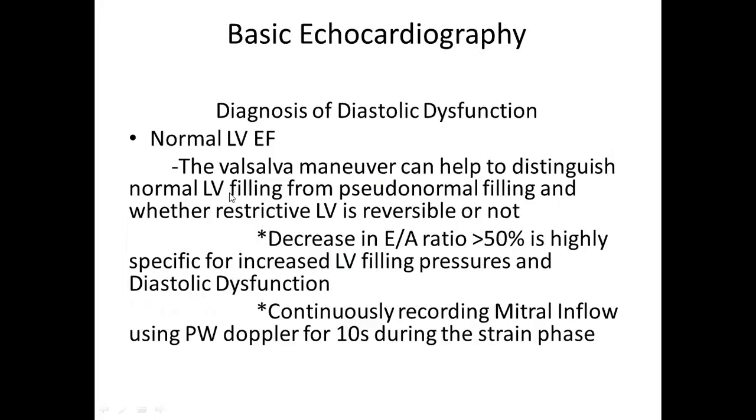All right. As mentioned before, the Valsalva maneuver can help to distinguish normal LV filling from pseudo-normal filling, right? Remember, one of the problems is when we have this pseudo-normal pattern of the mitral inflow.